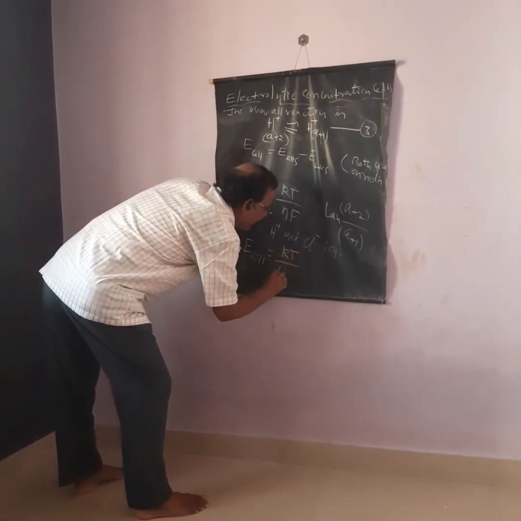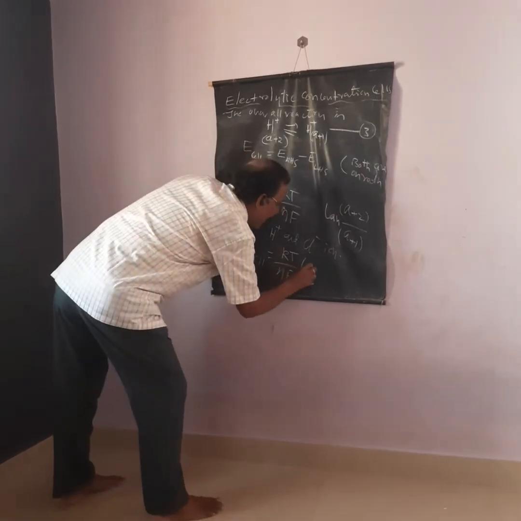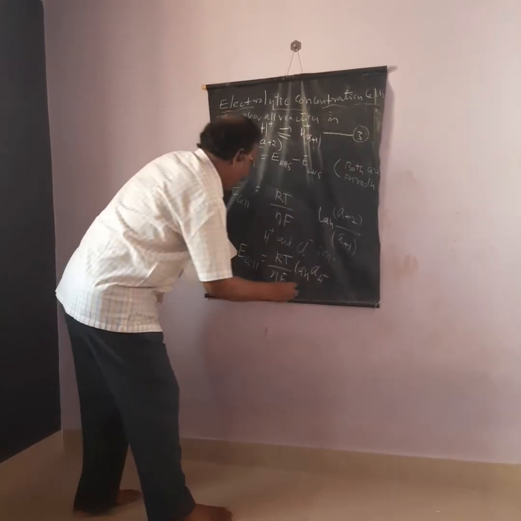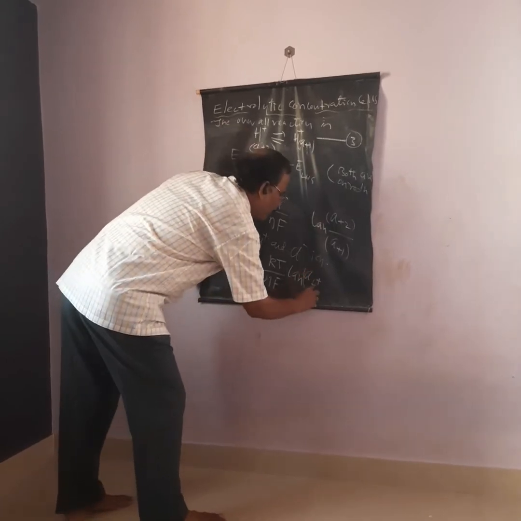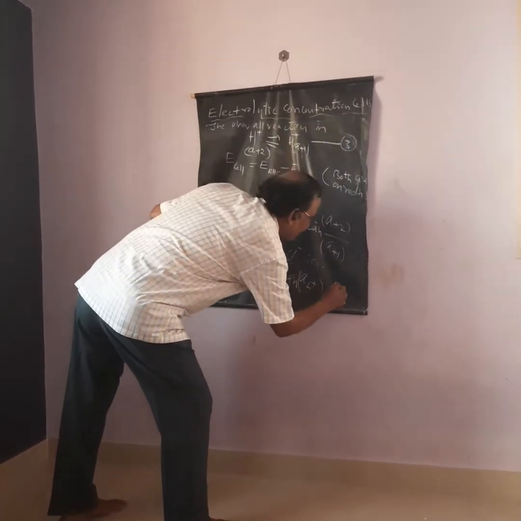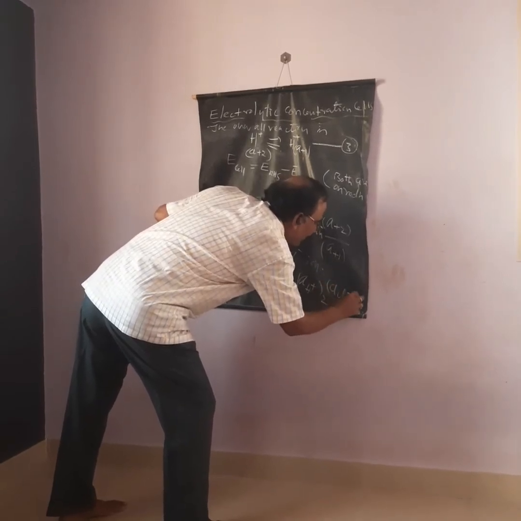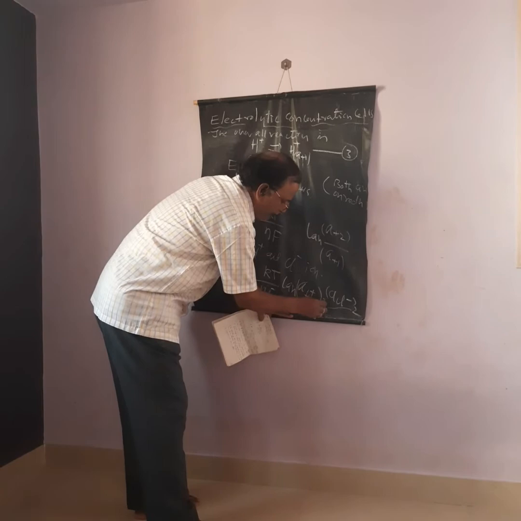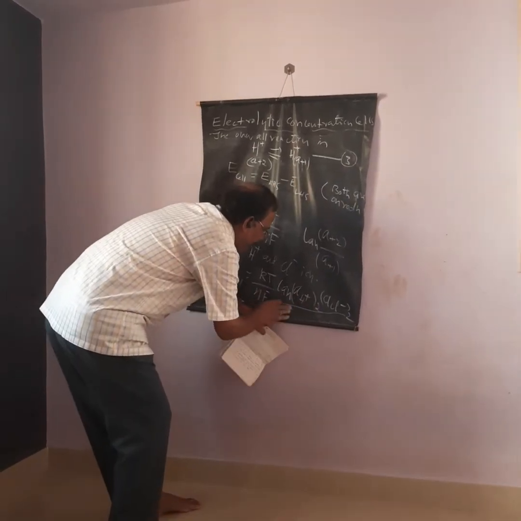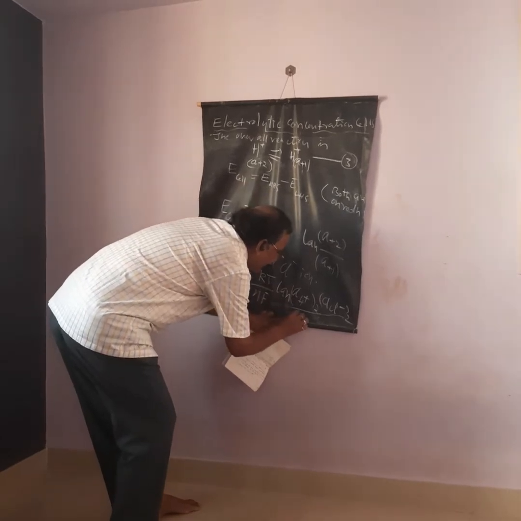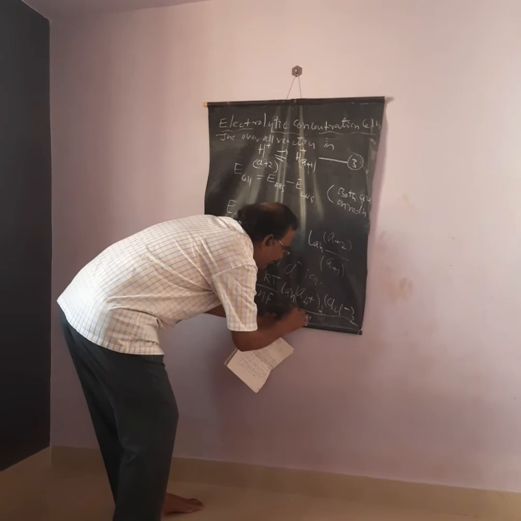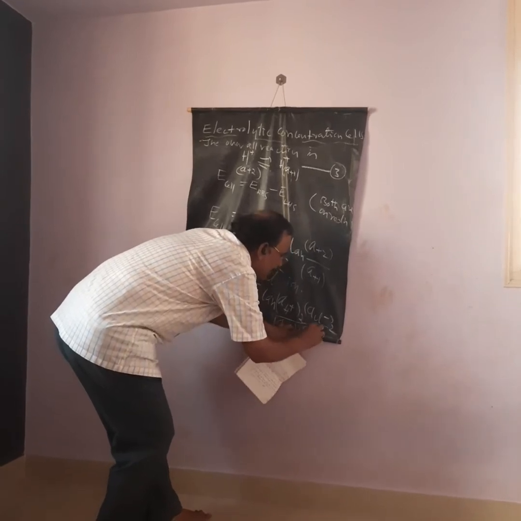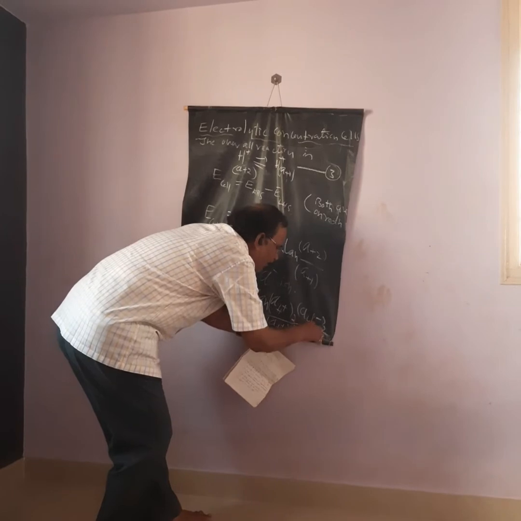RT by NF into ln of the activity of H plus ion 2 and the activity of Cl minus ion 2, divided by the activity of H plus ion 1 into the activity of Cl minus ion 1.